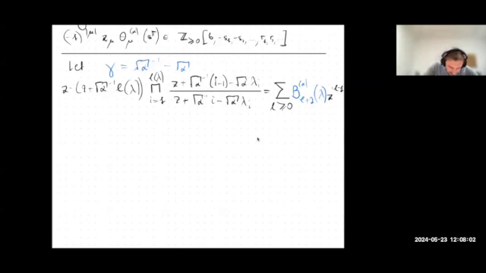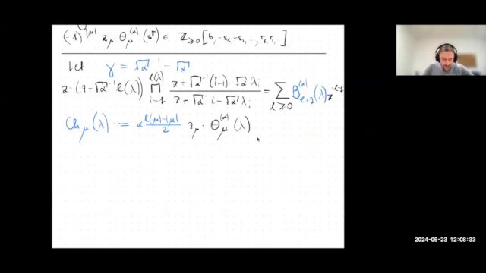And then finally, I define normalized Jack characters. I define them by multiplying the Jack character that I defined previously by alpha to a certain power times z mu. So why am I doing it?